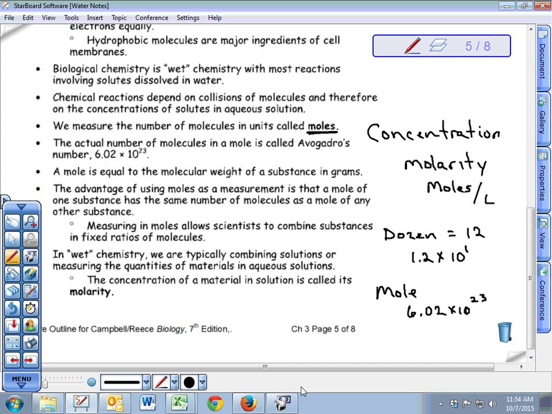That's a mole of something. Because it's 6.02 times 10 to the 23rd, but if you move the decimal to the end of the 02, that's 60.2 times 10 to the 22nd, and that's 602 times 10 to the 21st.